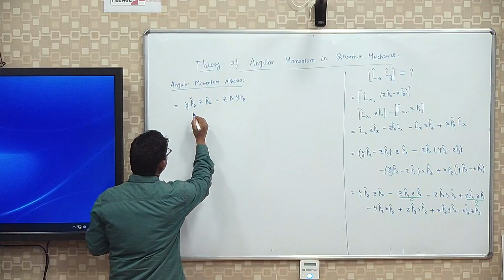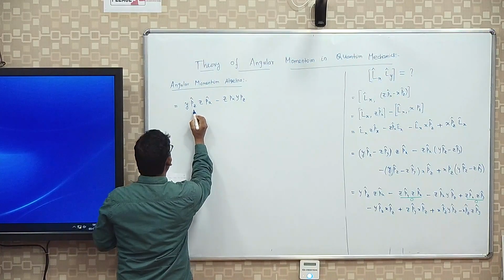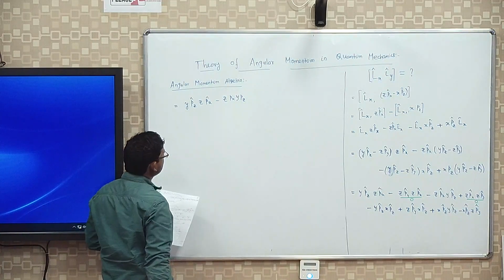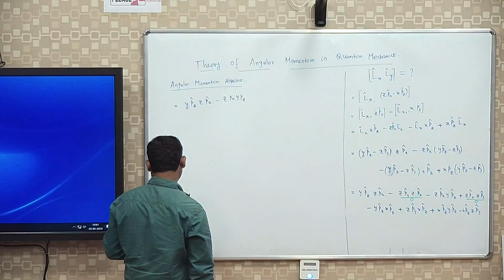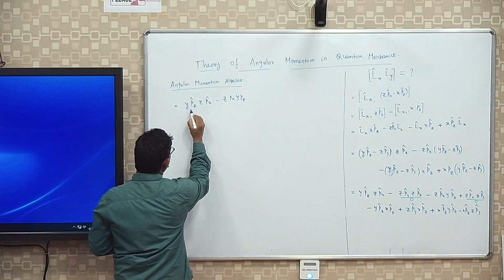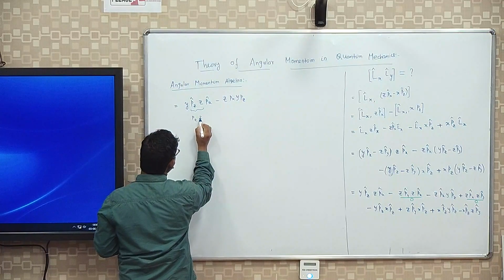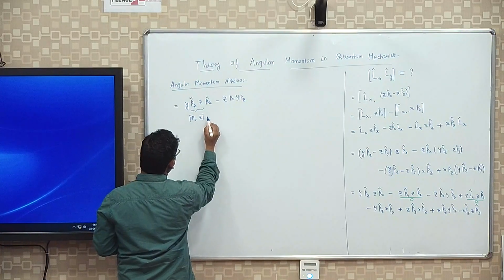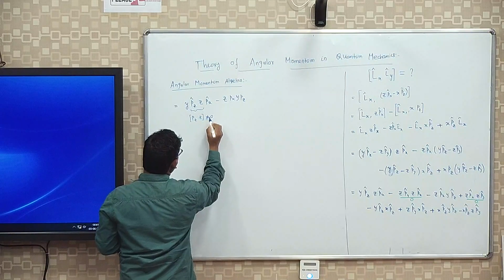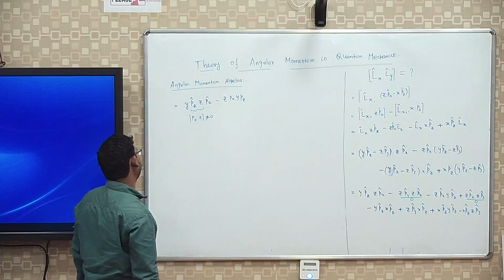Here if you look at this term, pz and z do not commute. That means pz if you take it, it does not actually commute.